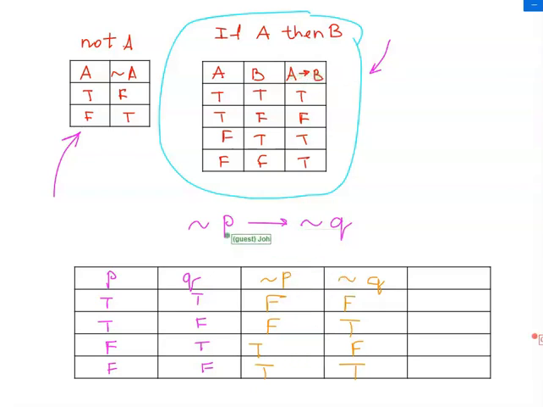If we look at the problem we're dealing with right now, A is not P, and B happens to be not Q. So we're going to use this column as our if column, and this column as our then column.